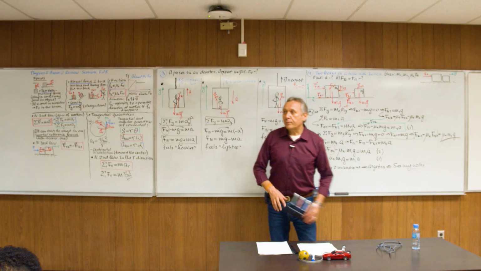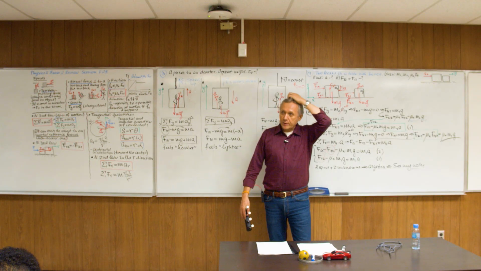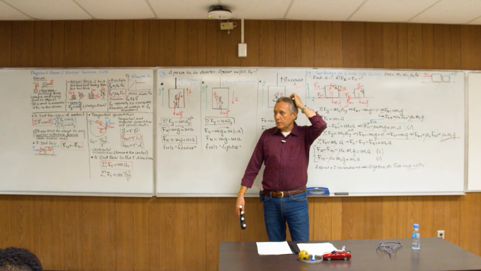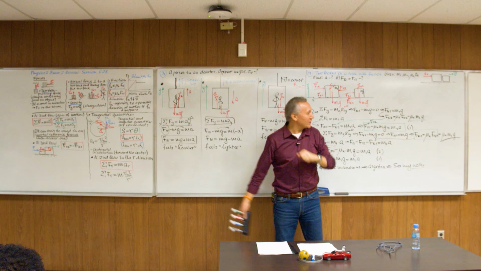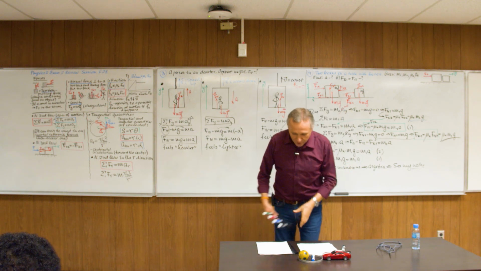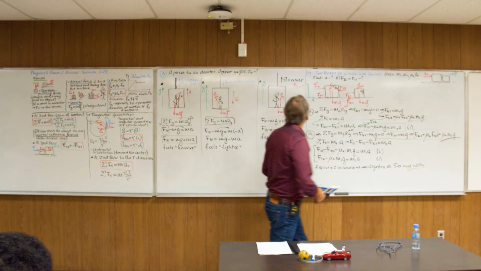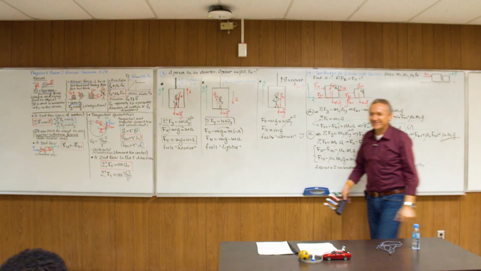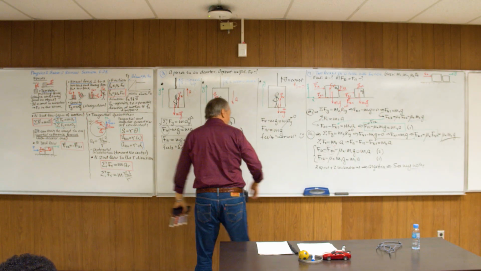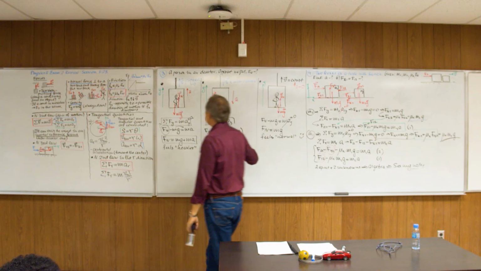Okay, now based on my section's previous quiz, we need to discuss more free body diagrams. So let me just quickly, what if we have three boxes, one on top of the other? And just draw a free body diagram.